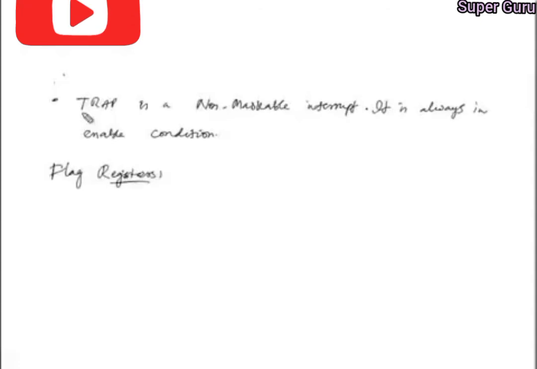Then next we will discuss the flag register. What is the flag register? The flag register consists of sign, zero, auxiliary carry, parity and carry.